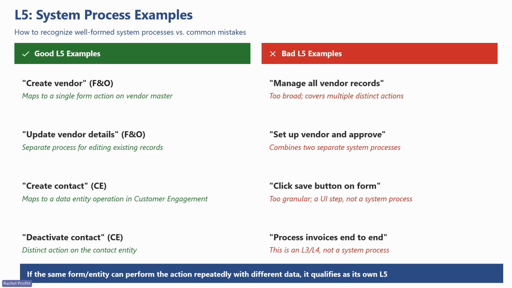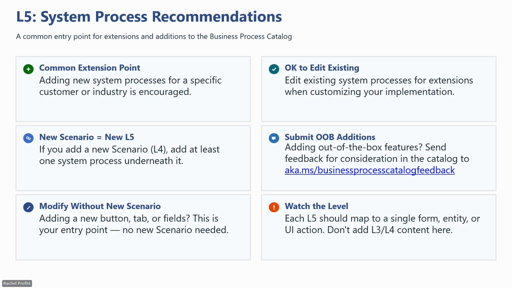If it combines steps like setting up something and approving it, which are done by two different people, it likely needs to be split. And if it drops into individual clicks, then it's gone too low. So the balance here is intentional, specific enough to map to the system, but still meaningful as an action. That precision is what allows these to be validated cleanly when we get down to the next level of the test cases.